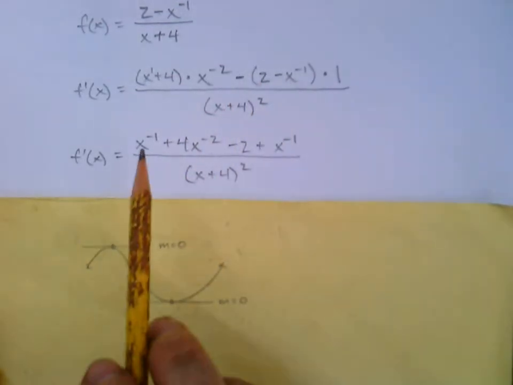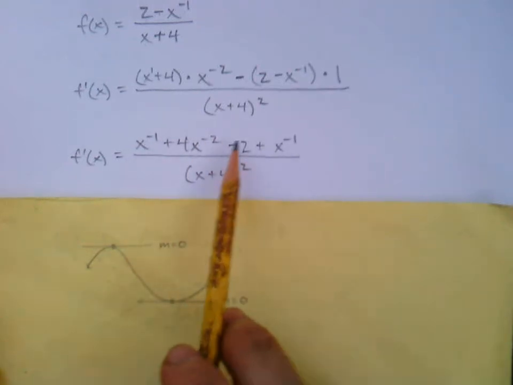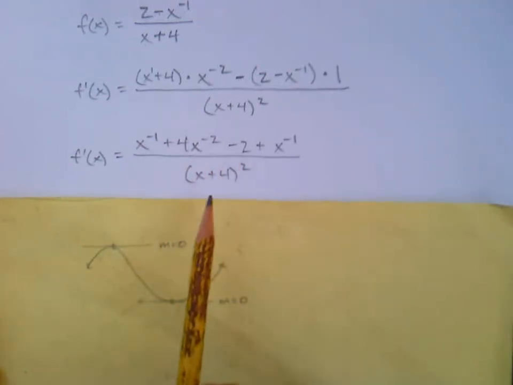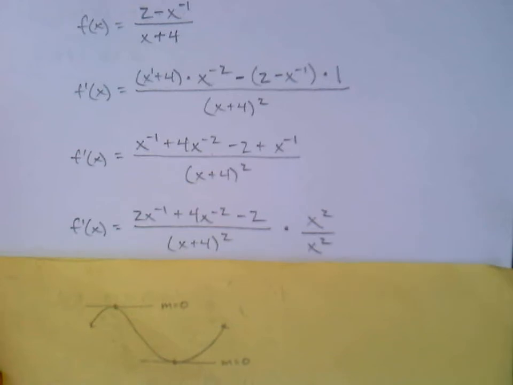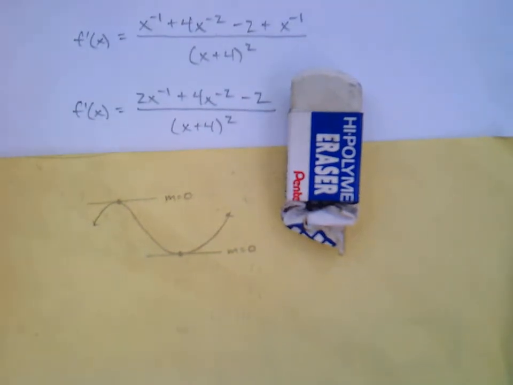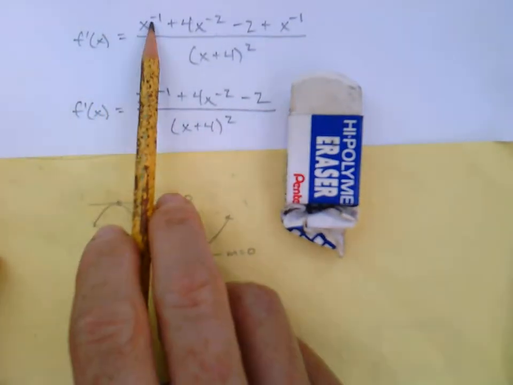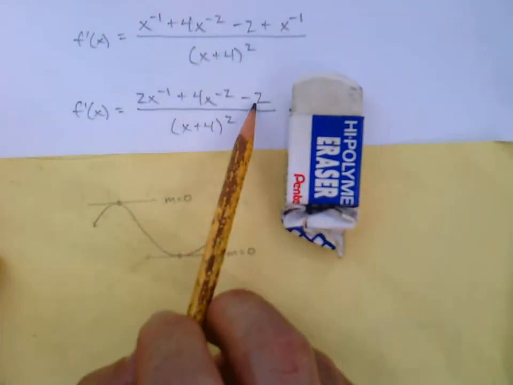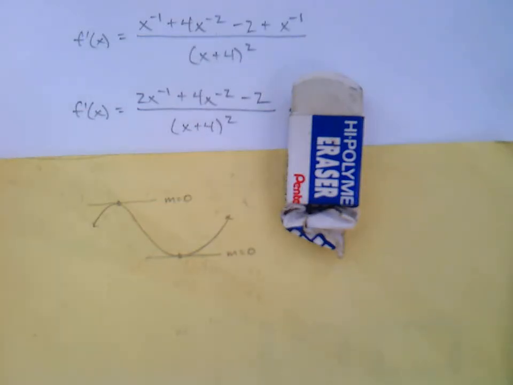We can combine the x to the negative 1s. The rest is just repeated. 2x to the negative 1 plus 4x to the negative 2 minus 2, all over x plus 4 quantity squared.